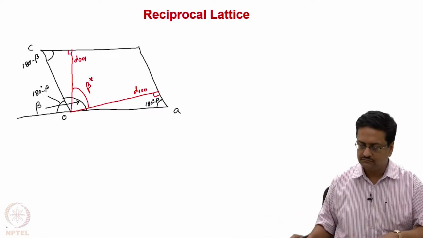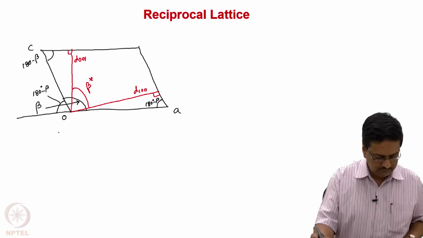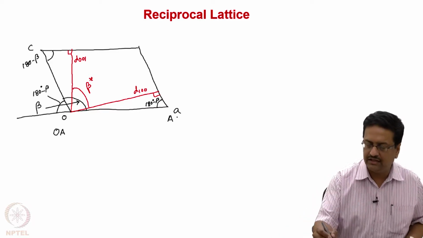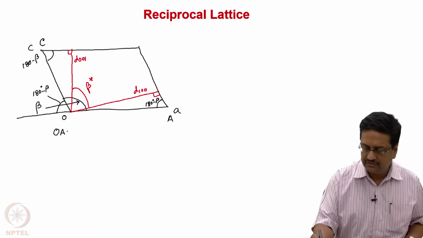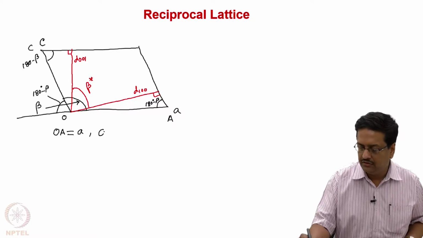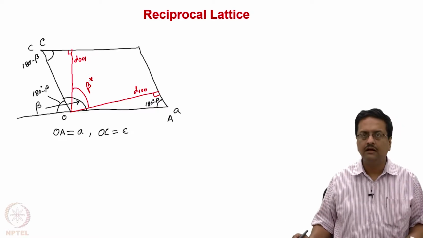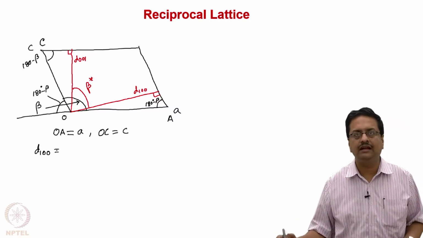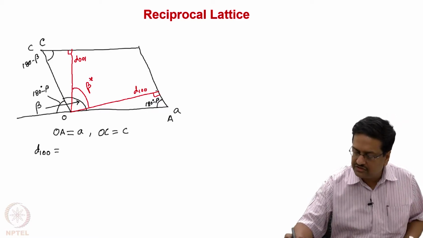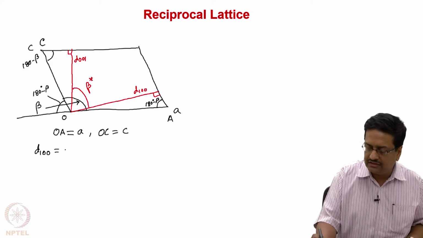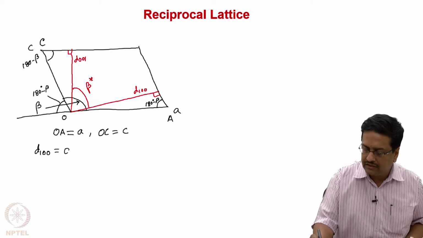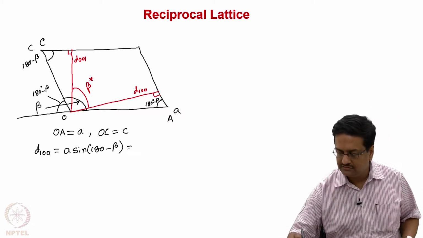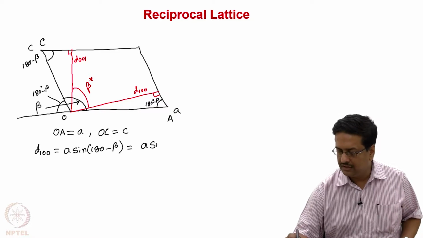So now, OA is equal to A and OC is equal to C. Then if we want to write down the value of D100 in terms of A and beta, we consider this particular triangle and then we can write D100 equal to A sine 180 minus beta, which means it is equal to A sine beta.